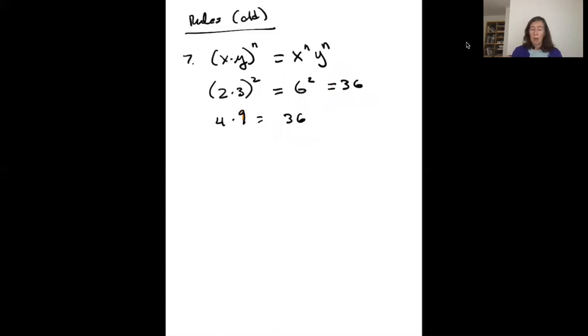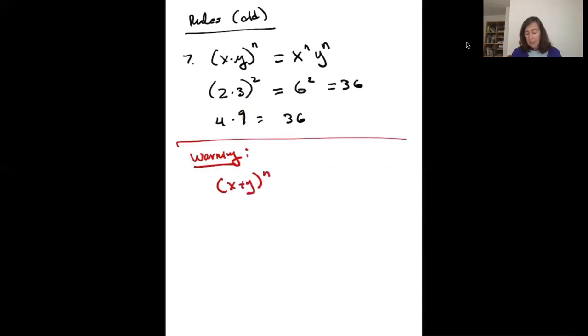All right, the last point I want to make is ending with a different version of basically the same warning that I ended the examples video with in the last session. A very easy mistake to make. So let's use my mistake color. Just a general warning here that x plus y to the nth power does not generally equal x to the nth power plus y to the nth power.